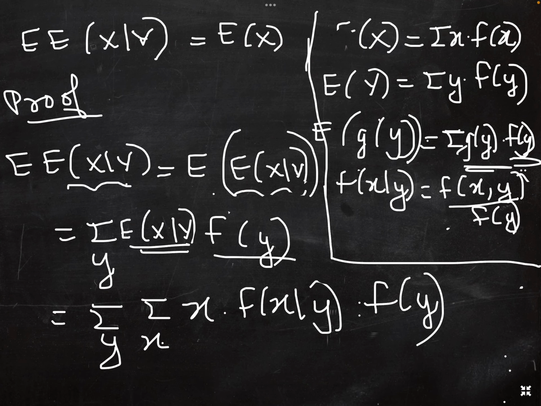So f of x comma y is equal to f of x given y into f of y.